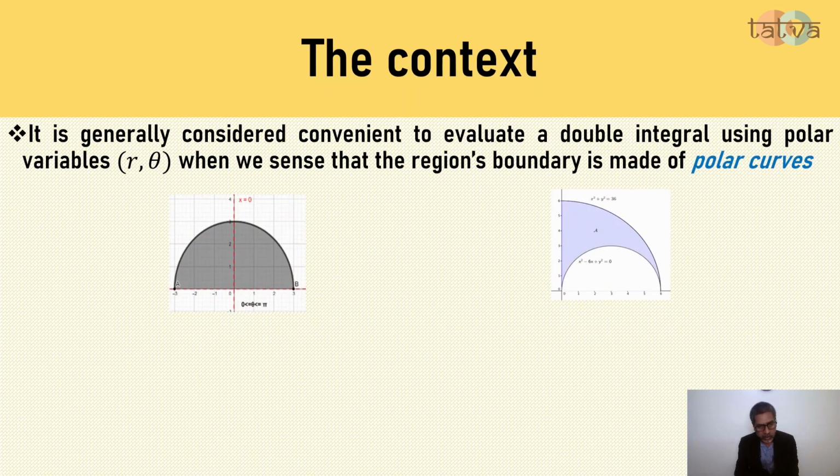Now these are some simple cases where we can see circles as boundaries of the region, and circles are considered the most friendly of all polar curves. I have already shared with you certain other polar curves which are not that easy to handle, but circle is a very friendly polar curve.